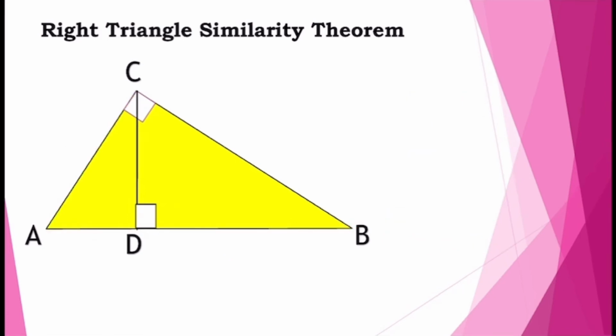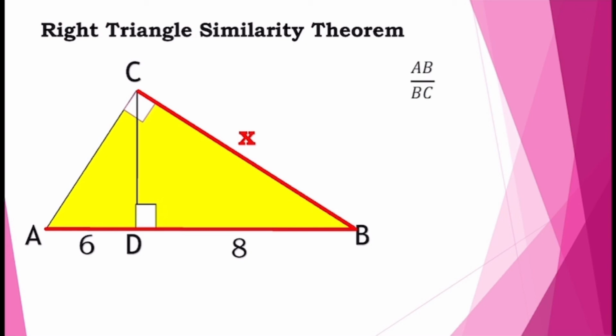Next, with the same figure, if AD is equal to 6 and BD is equal to 8, let's find the measure of BC. For this, the proportion that we're going to use is AB over BC is equal to BC over BD.